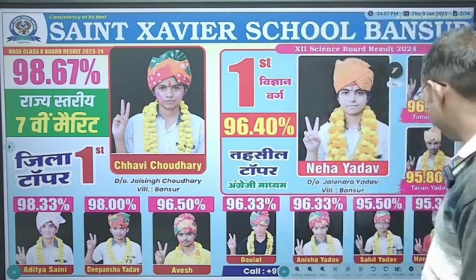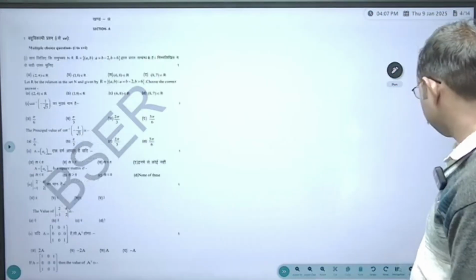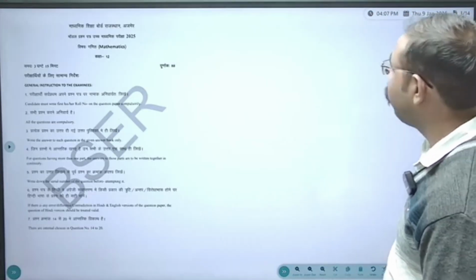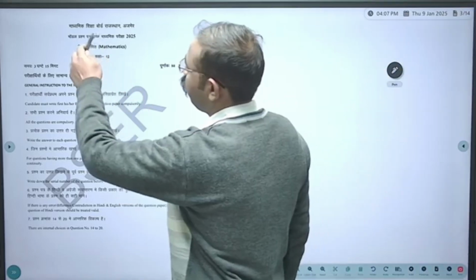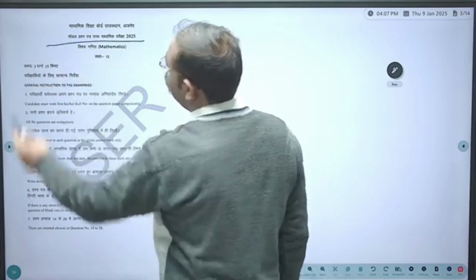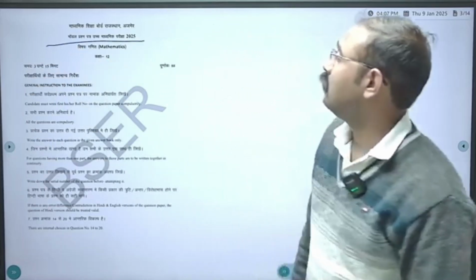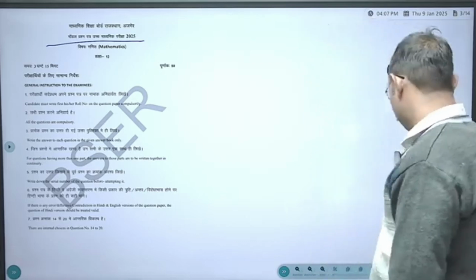Now let's move to our model paper. Today, this is the model paper of the senior secondary examination 2025 board.